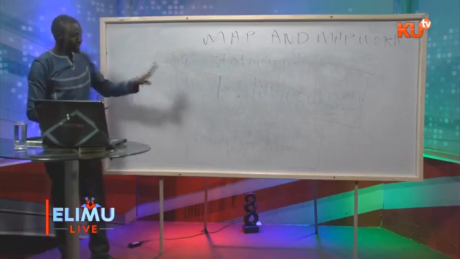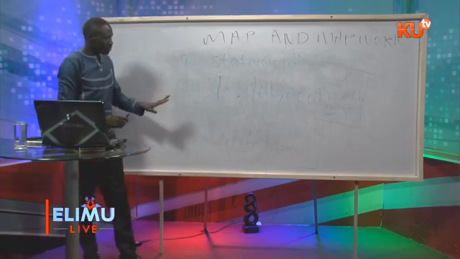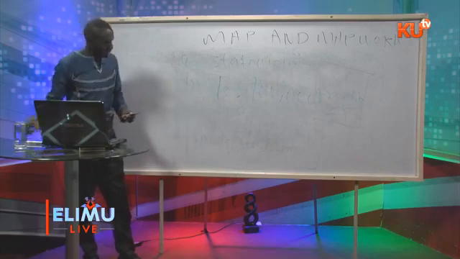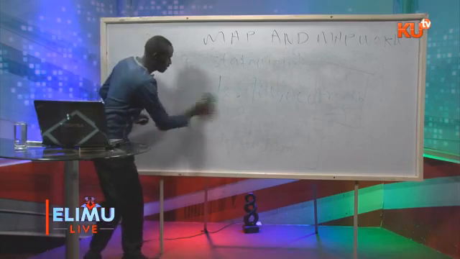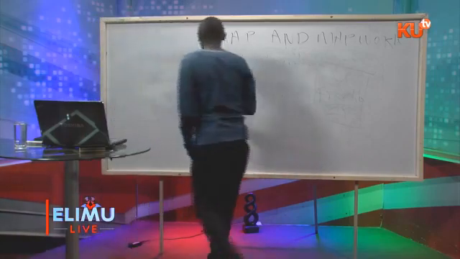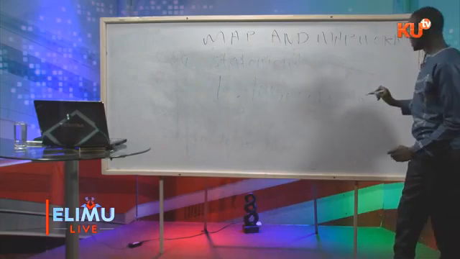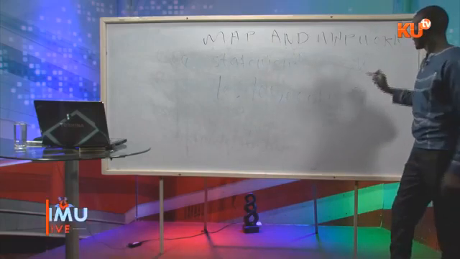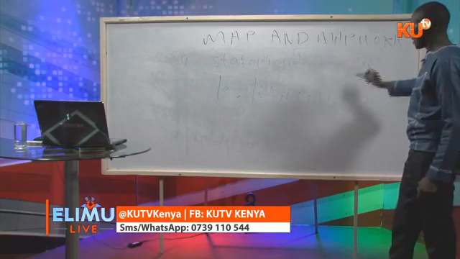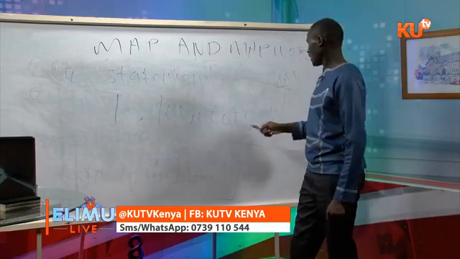We've said that a statement scale is a scale that uses words. If we are given the units for this, usually in maps we use kilometers or meters. So let's say we have kilometers, and we want to express it in a statement scale.